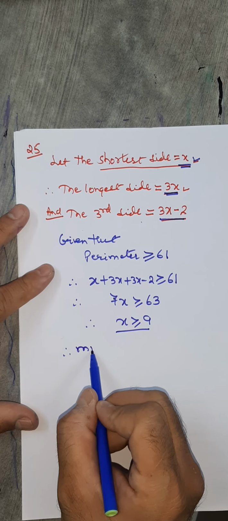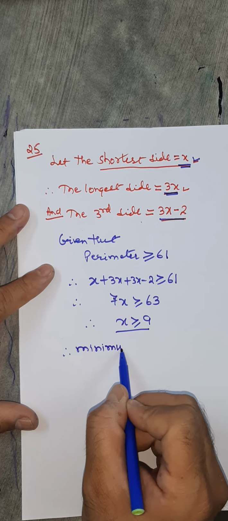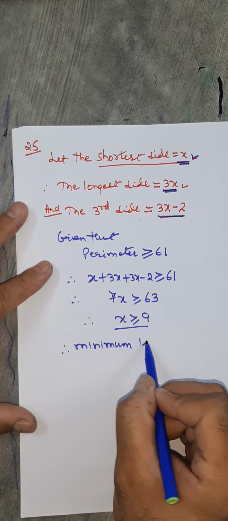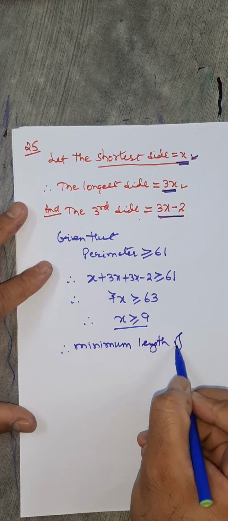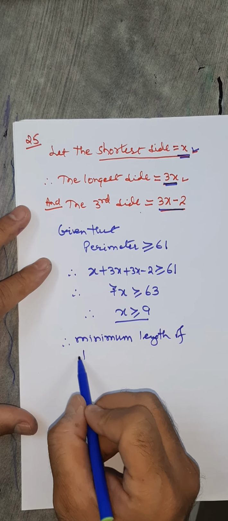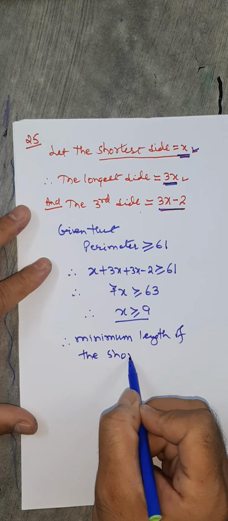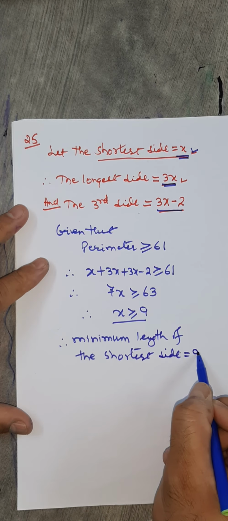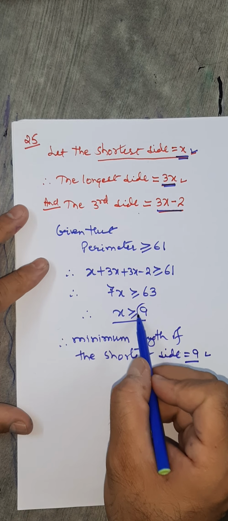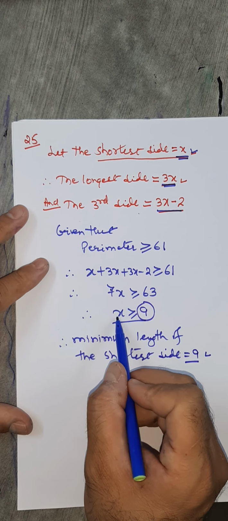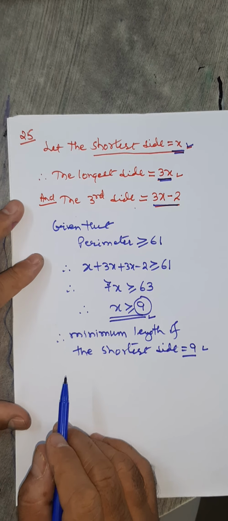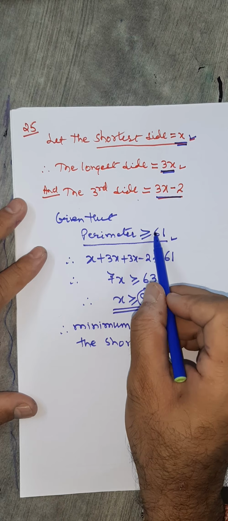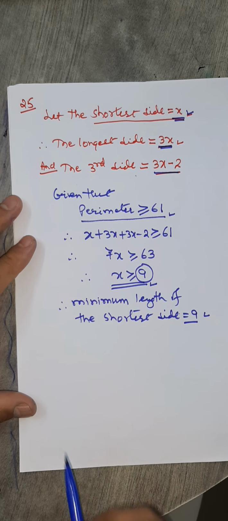That means the minimum length of the shortest side equals how much? 9. Minimum 9 should be. Remember, it can be 10, 11 and so on, right? Only this thing is important, because of at least you have greater than or equal to 61. Okay.